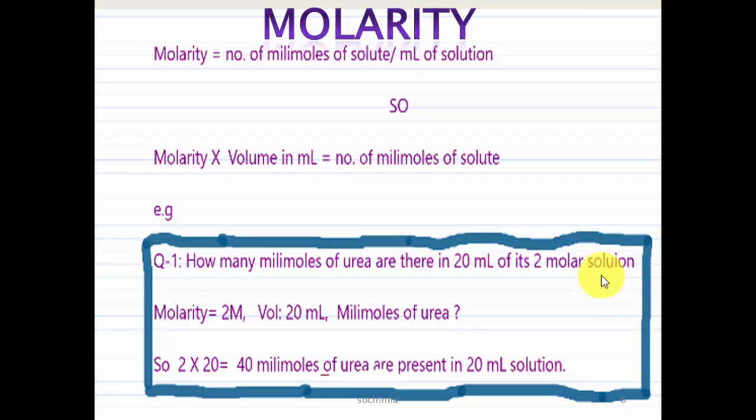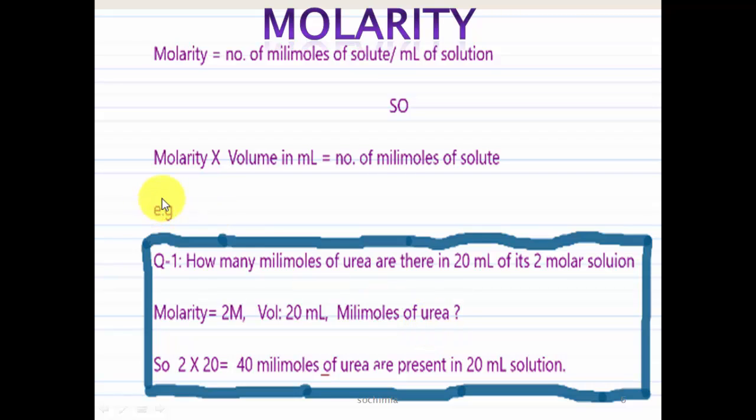In this question, we have to calculate the millimoles of a certain compound, urea, in 20 ml of its 2 molar solution. So volume is given, molarity is given. Molarity is 2 molar, volume is 20 ml, and millimoles of urea needs to be calculated.